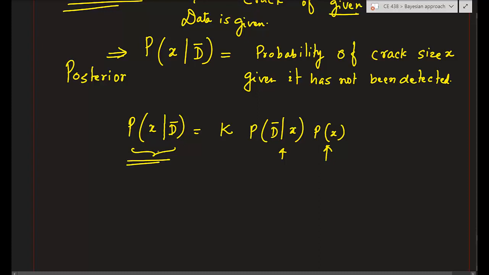So basically what this is saying is: what is the probability of a flaw size, given that it has not been detected, for a given size length x? Let's discuss this in more detail using a problem. We can also write this equation in terms of probability density functions.